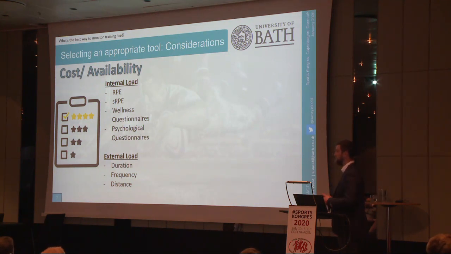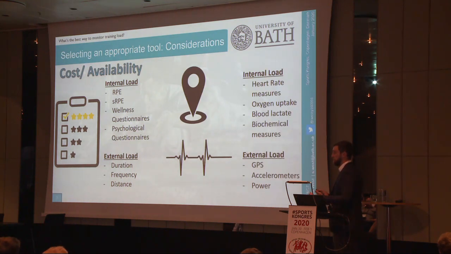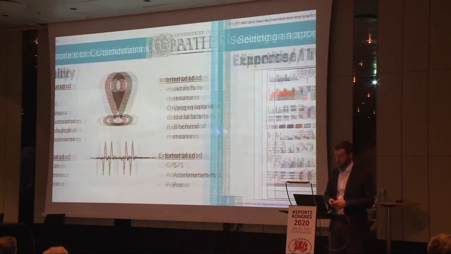So very simple, very easy, good for the low resource environment. And then obviously as we go up towards the professional end of sport, we've got similarly lots of options for both internal and external load that you can select what you need based on what you want to use. So that's the next consideration.